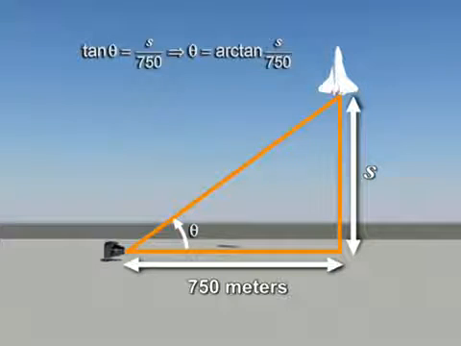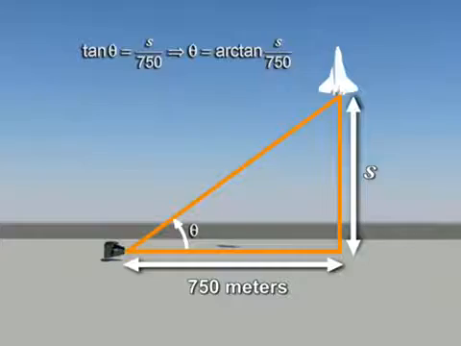So that means theta is arctangent of S over 750, using the inverse tangent function. Tangent theta is S over 750, so theta equals arctangent of S over 750. So now I've expressed theta in terms of S using the inverse tangent function.